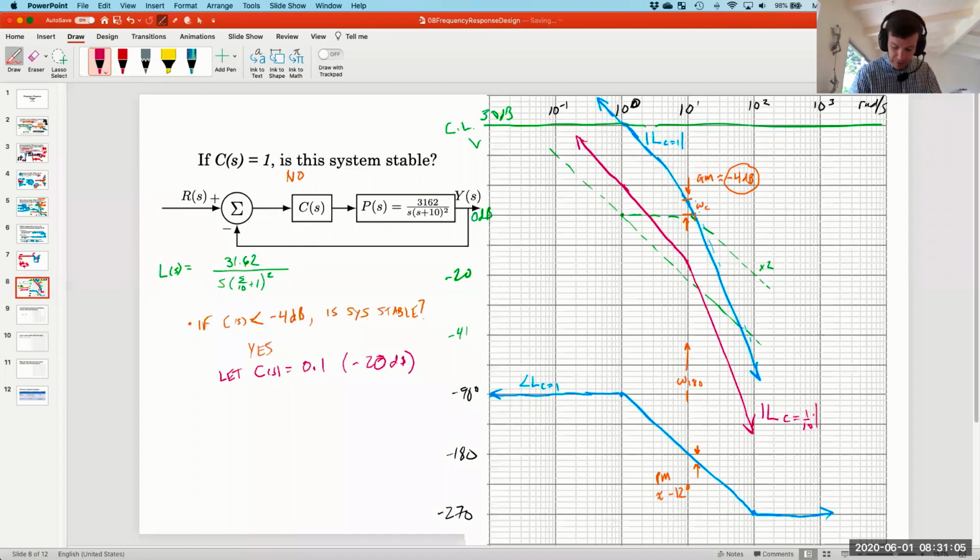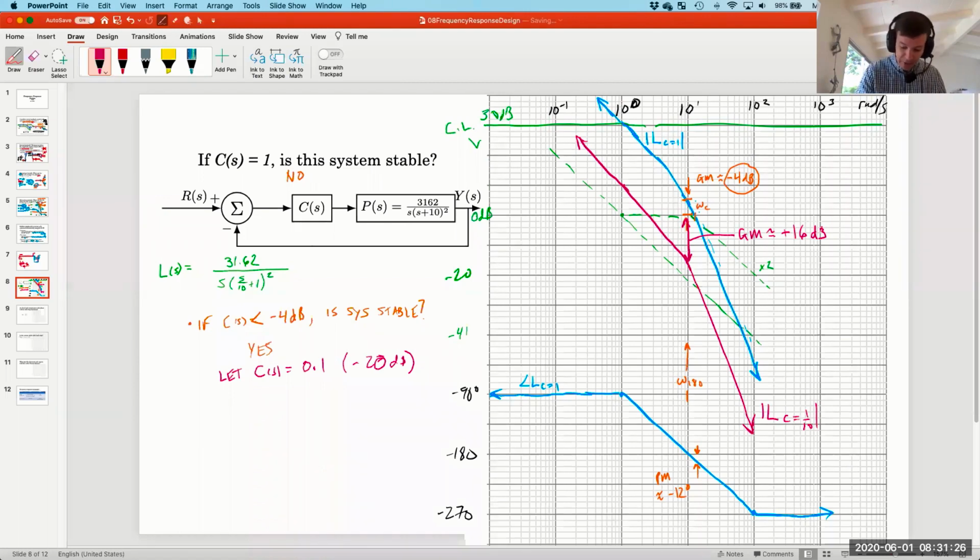And here, the omega 180 hasn't changed, but the gain margin certainly has. So now the gain margin is approximately positive 16 dBs. So now we are well within the safe gain range.